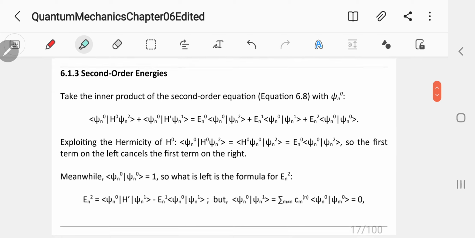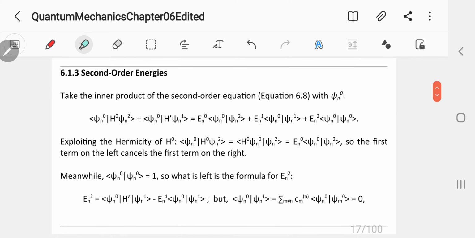Now, before we go into the degenerate perturbation theory, we will tackle the second order correction to the energies. So we had En1 for the first order correction. We will have now En2.